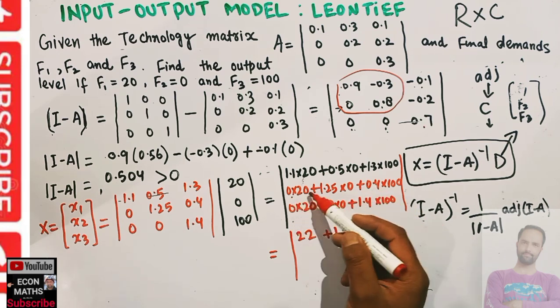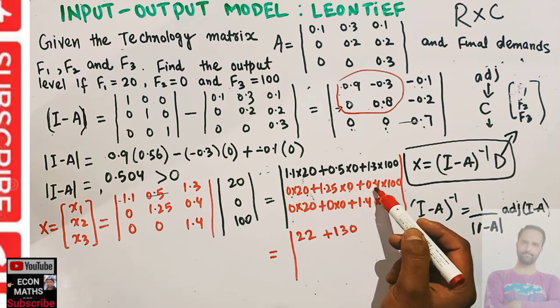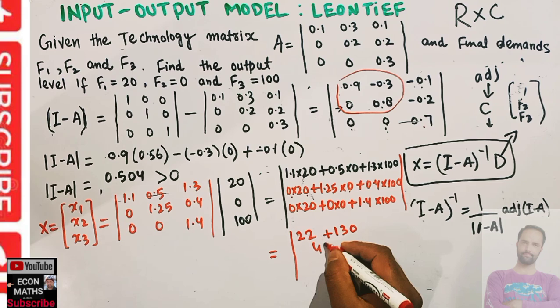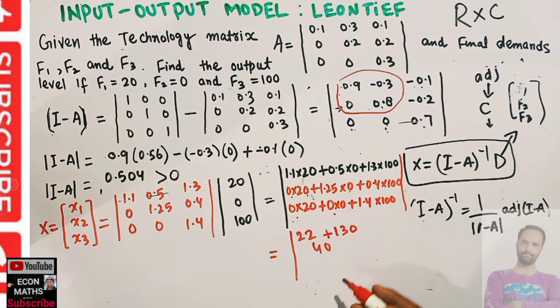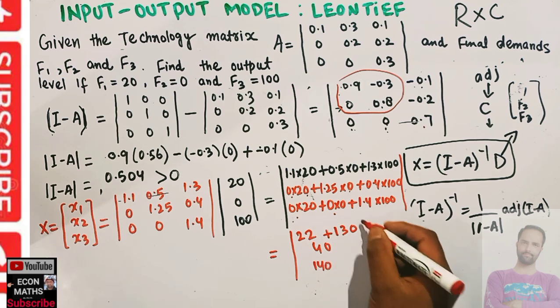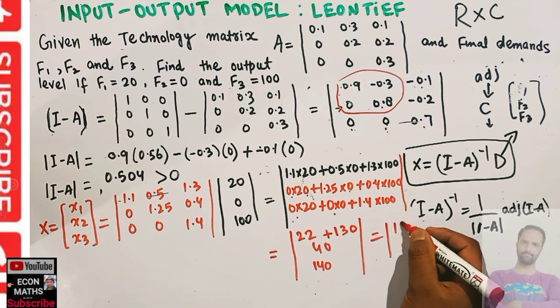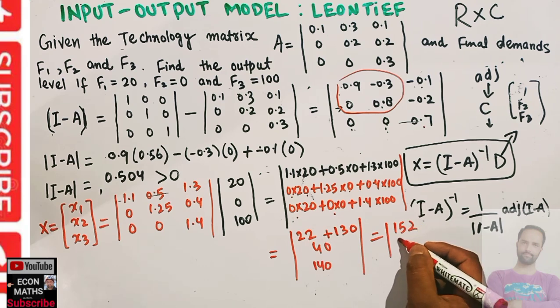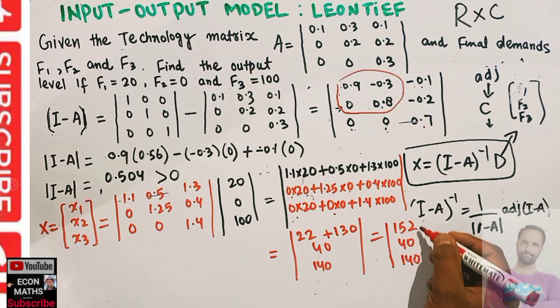Then 0 into 20 is 0, 0 into 1.25 is 0, 0.4 of 100 is 40. Then this is 0, this is 0, 1.4 into 100 is 140. So we got 152, 40 and 140.